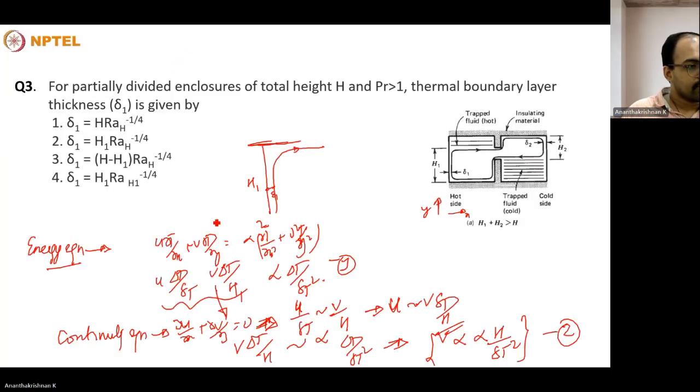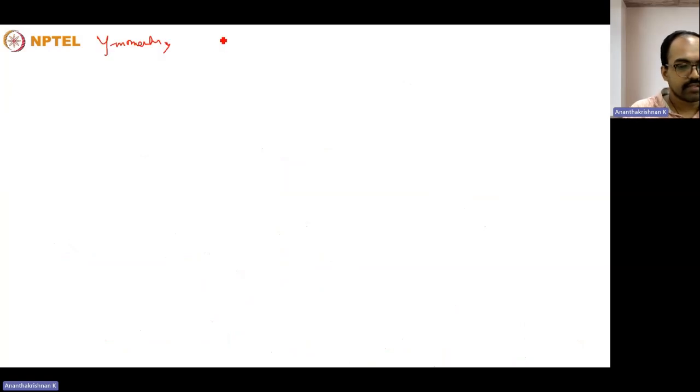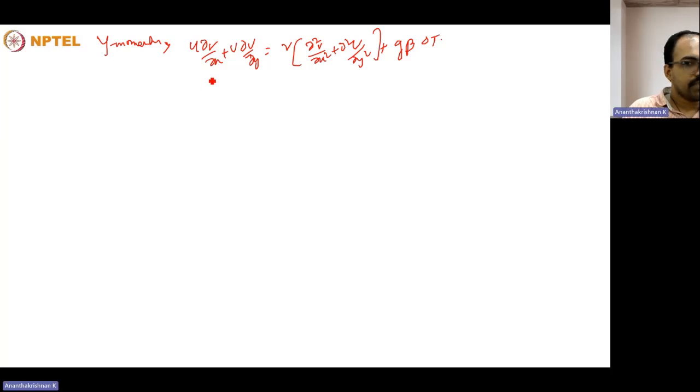Take the case of the y momentum equation. It can be scaled as follows.